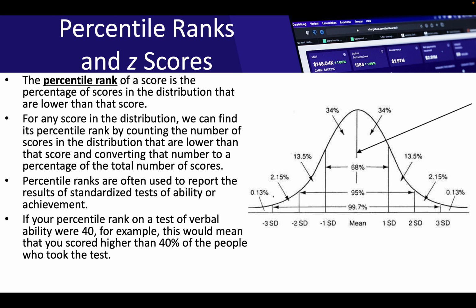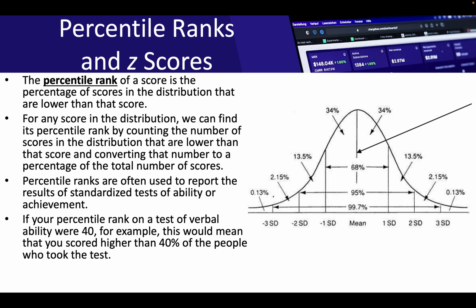The percentile rank of a score is the percentage of the scores in the distribution that are lower than that score. For any score in the distribution, we can find its percentile rank by counting the number of scores in the distribution that are lower than that score and converting that number to a percentage of the total number of scores. Percentile ranks are often used to report the results of standardized tests of ability or achievement.